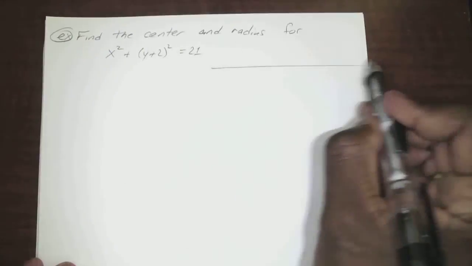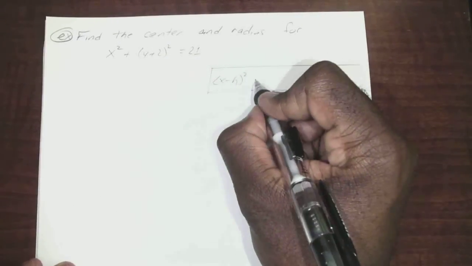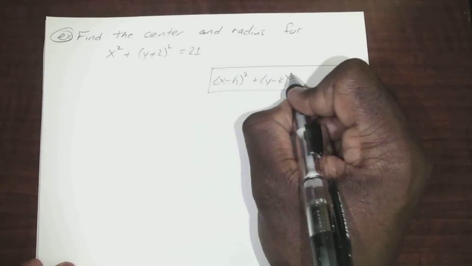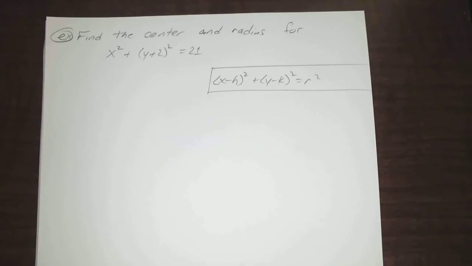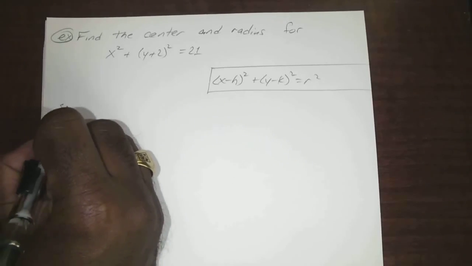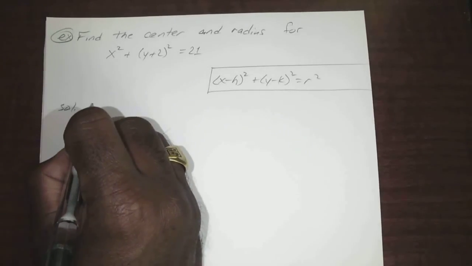Remember, we want to match it up with x minus h squared plus y minus k squared equals your radius squared. Okay, so just like before, the first thing you want to do is rewrite it to match the formula.